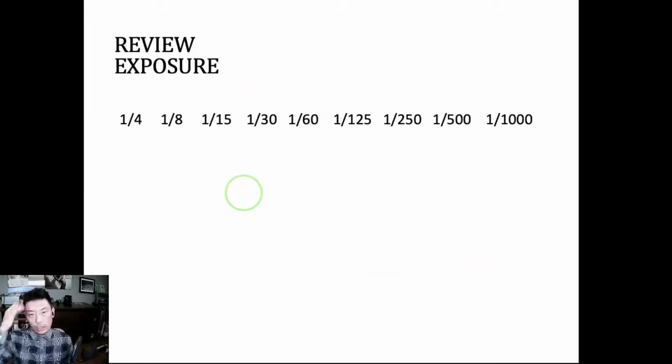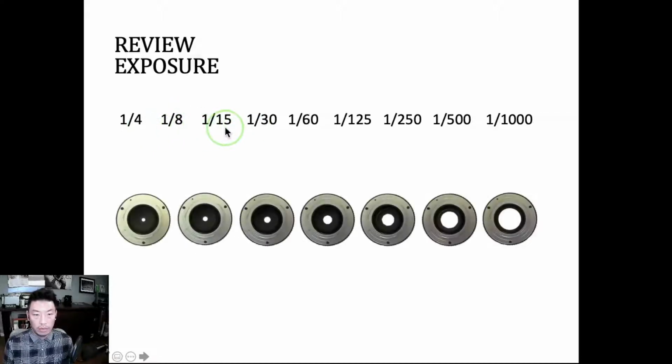So if we look at it this way, shutter speeds, this is 1/4 of a second, 1 over 4. Okay, and we're going to increase the speed to 1/8 of a second. So this is actually now half the amount of light compared to 1/4 of a second. And we go so forth. We keep going faster and faster, 1 over 8 to 1/15, and so forth, right?